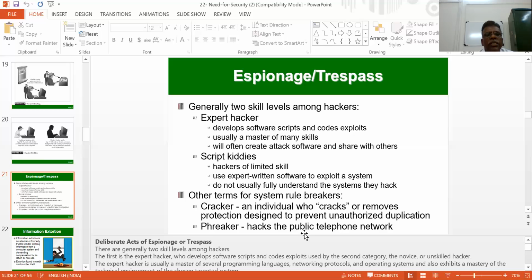So an expert hacker develops software scripts and codes exploits, and in order to hack, they can use their own set of instruction packages, the availability of the latest technological scripts. So usually a master of many skills, a person always above the system in order to attack.